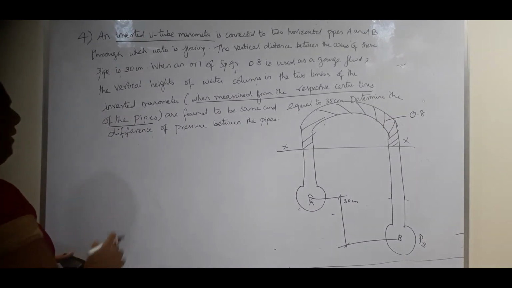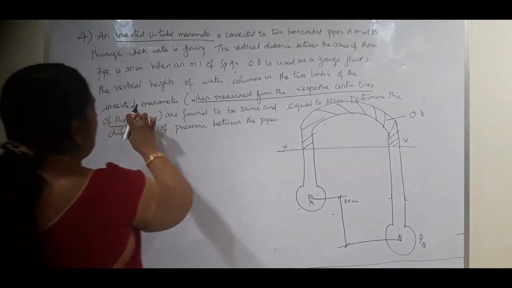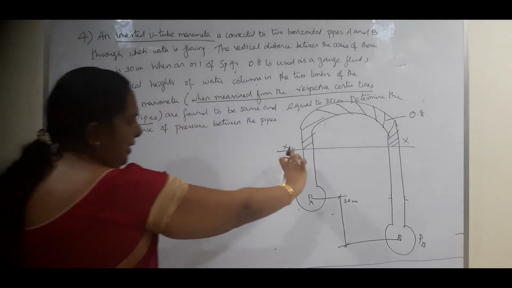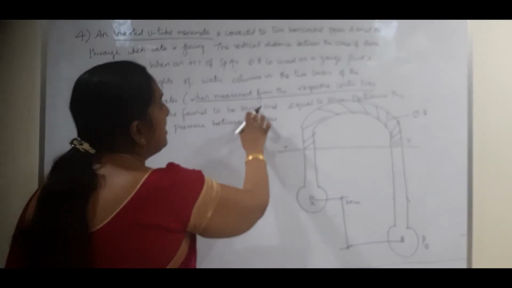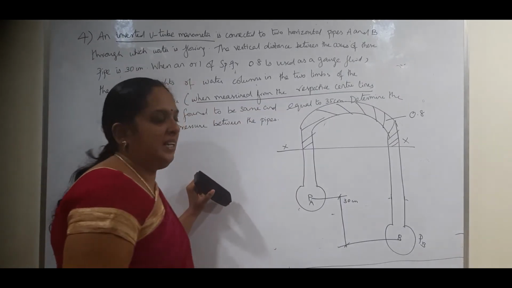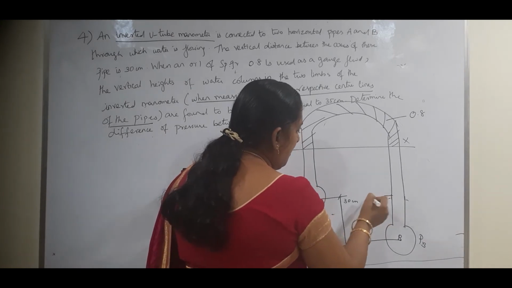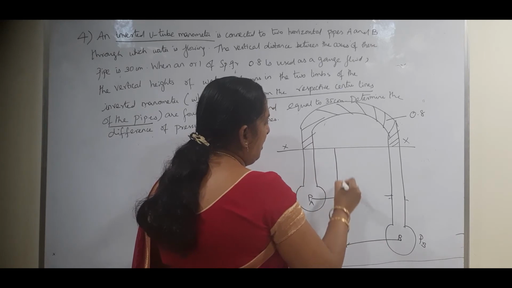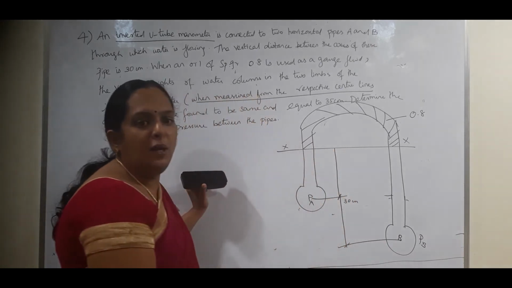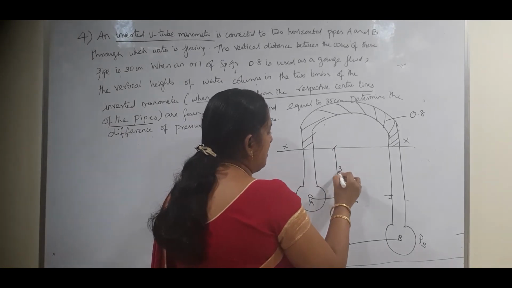The vertical heights of the water columns in the two limbs of the inverted manometer, that is in this limb as well as in this limb, they are found to be same and equal to 35 centimeters. That means till this. Am I right? Till this it is found to be same and equal. So this is your 35 centimeters.